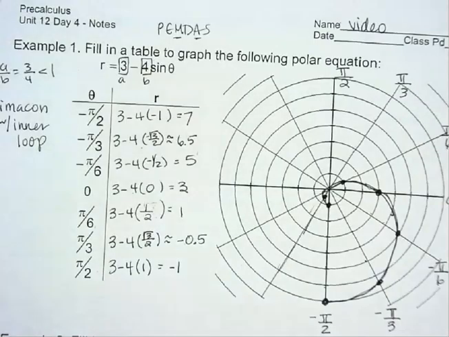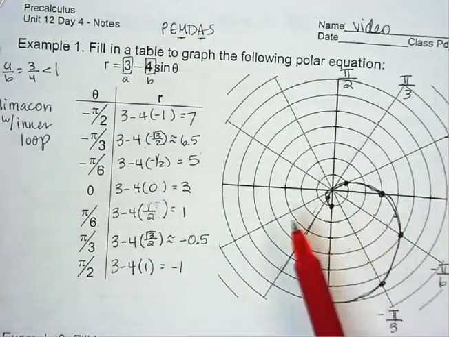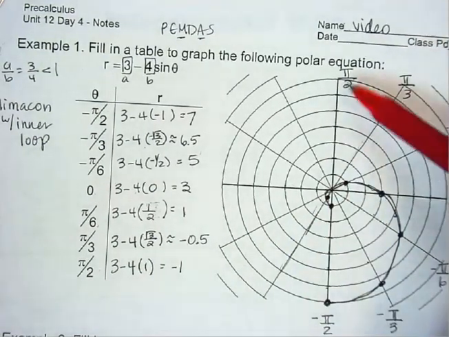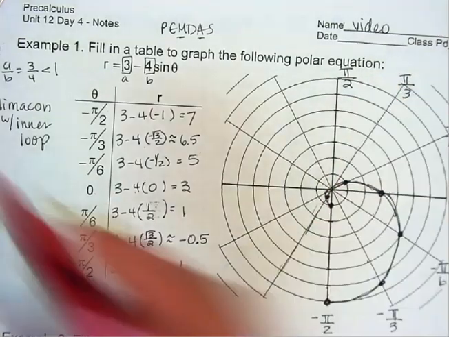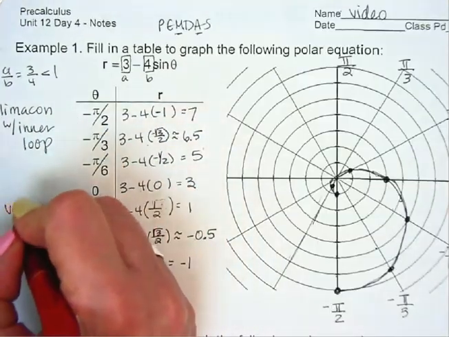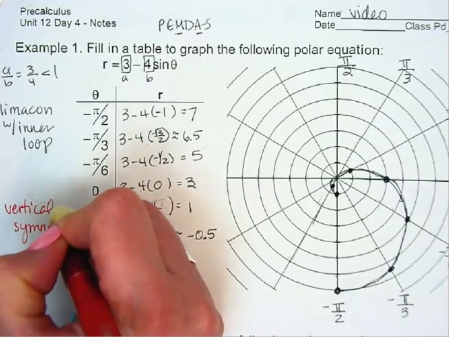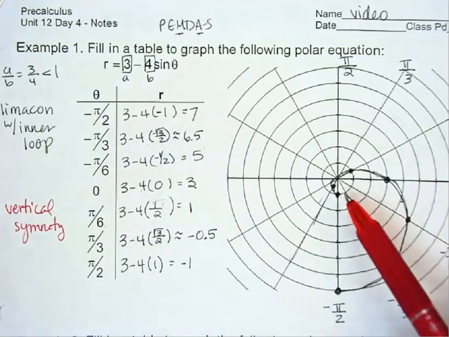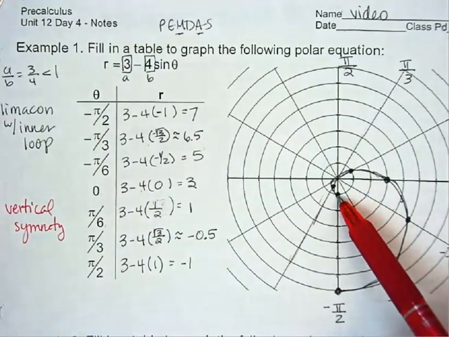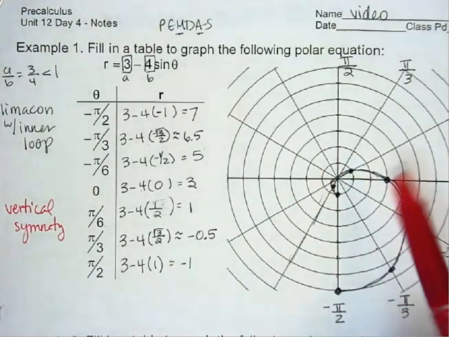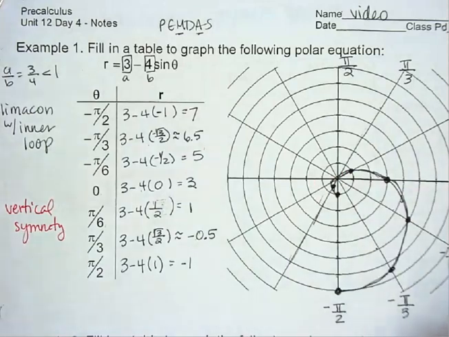And here's how I'm going to get my other half. Now, you probably noticed here that this is going to end up being symmetrical over this vertical axis right here. So this has a vertical symmetry. So that's good, because instead of creating a whole other table to generate all the other points I need, I'm just going to do it symmetrical over this vertical axis.